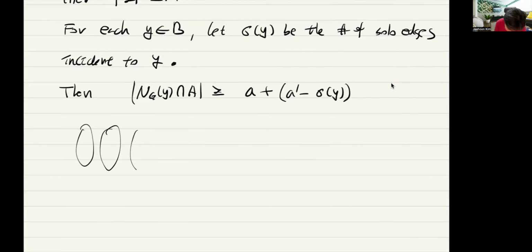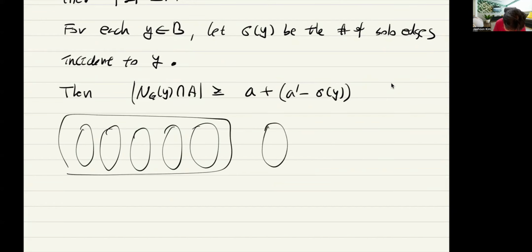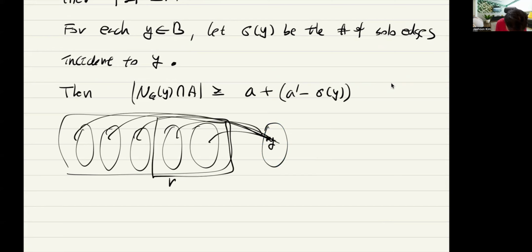Because this is inaccessible, so Y belongs to the inaccessible class. That means Y sends at least one edge to every one of these. And when this is the free accessible one, if Y sends only this edge, then this becomes a solo edge.